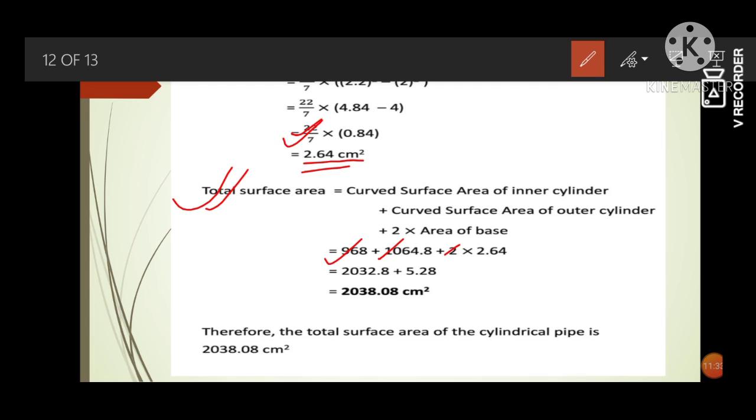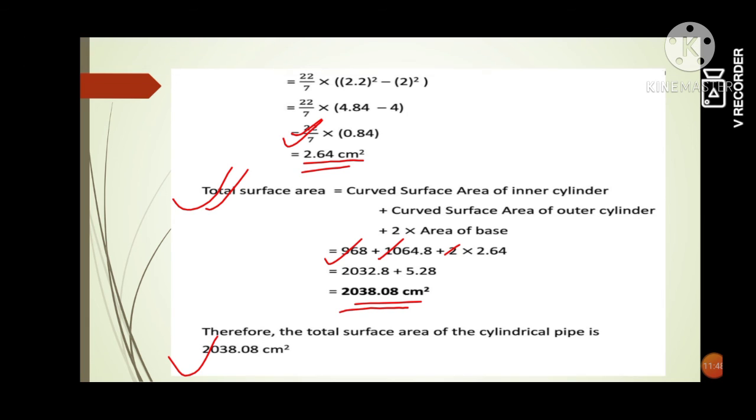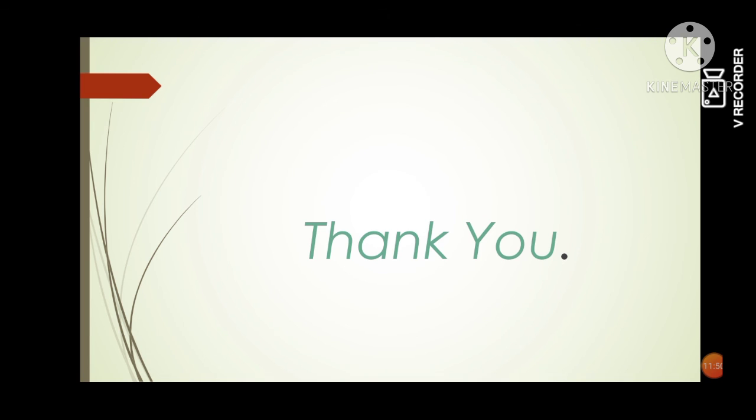On calculating, we will get 5.28. Therefore, the total surface area of the cylindrical pipe is 2038.08 centimeters square. So today we have discussed three sums of right circular cylinder using CSA and TSA.